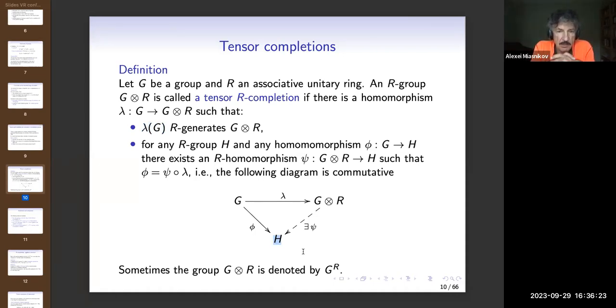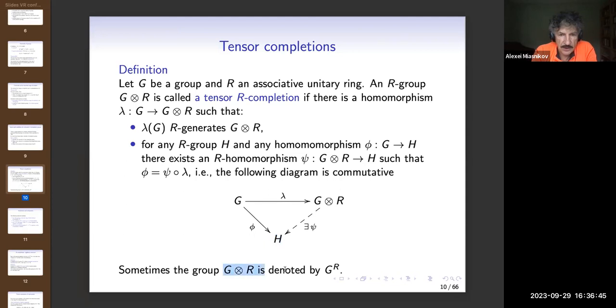So for every homomorphism phi, you can get it through the tensor completion. Word by word, this is a classical definition from the category of modules.